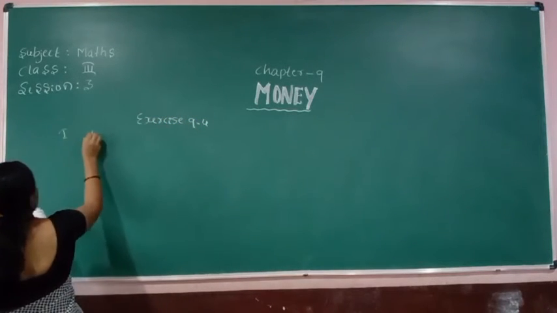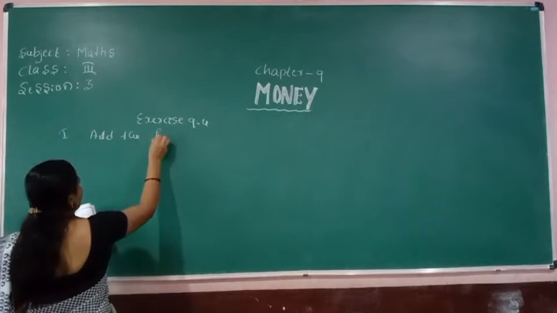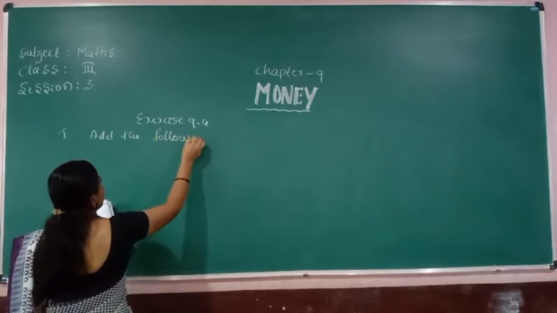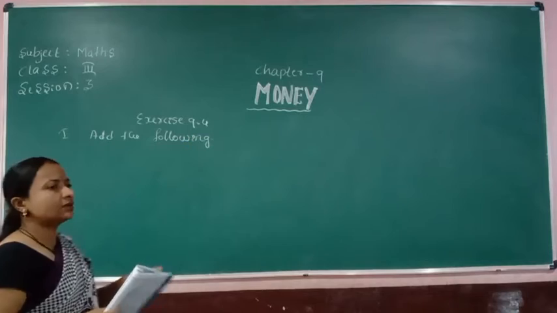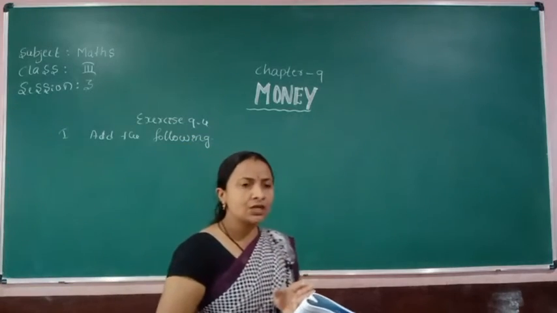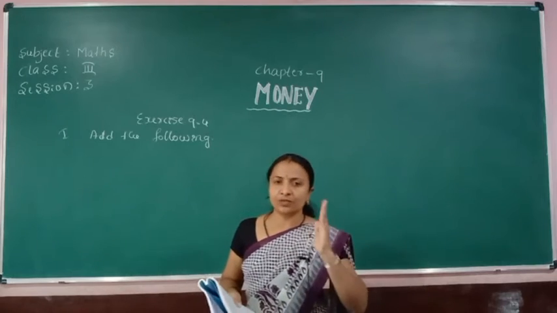So first, they are given here: add the following. Yes, so here they are given in rupees and paise. Okay, so we will add paise to paise form and rupees to rupees form.